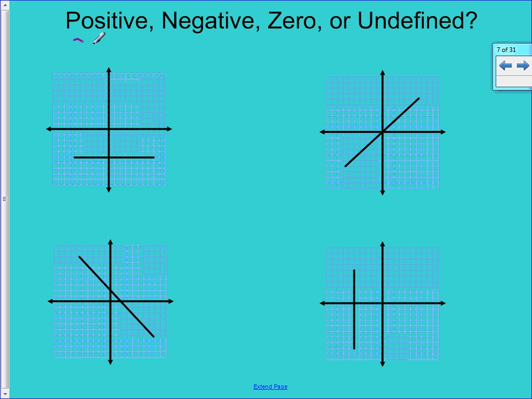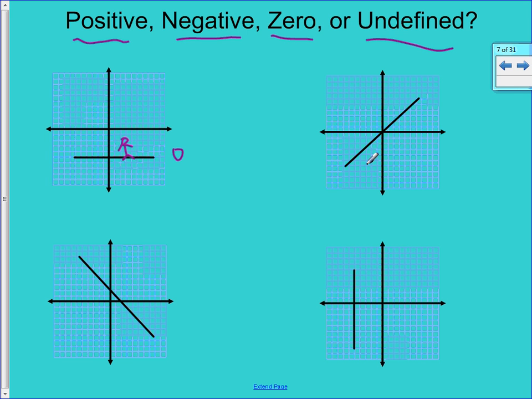Okay, let's look at a positive, negative, 0, and undefined slope. We're going to identify the difference. What type of slope would I have here if I just had a straight line going across? No, I would have 0. Now think of a little man standing on top. Is he going anywhere? No, he's just ground level, 0, okay? Look at this one.